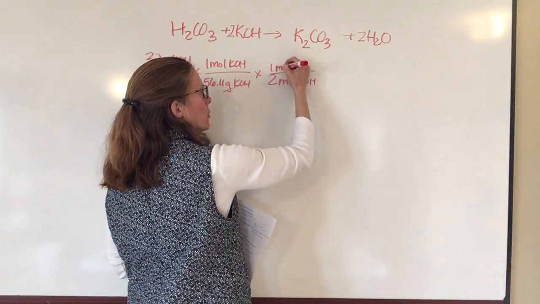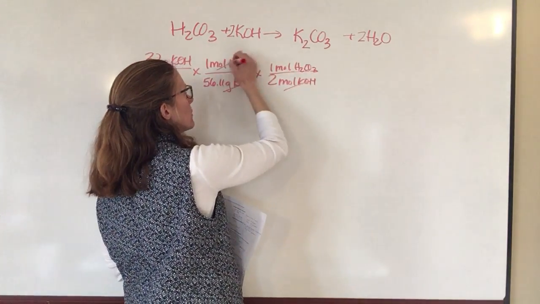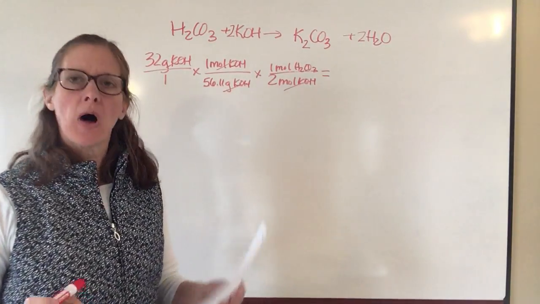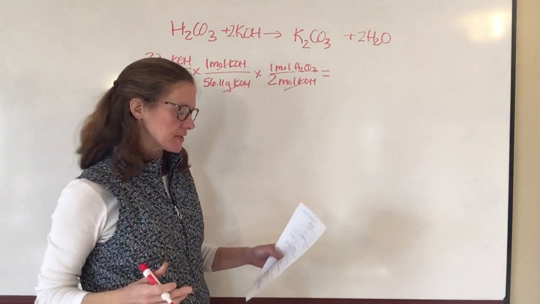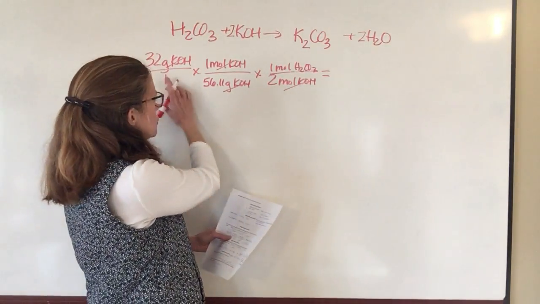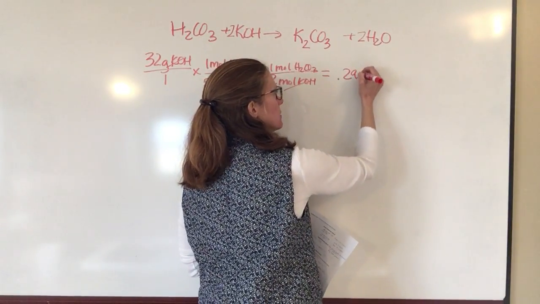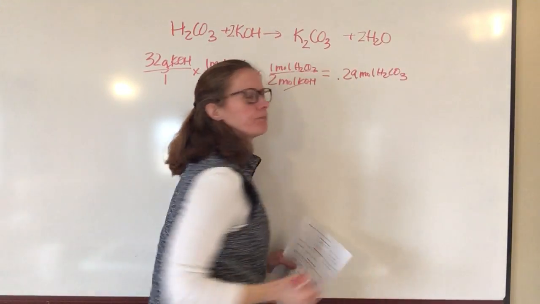So I have 1 mole of H2CO3. So moles of KOH now cancels out. I'm looking for volume, so I don't want to take this down any further. I don't want to convert that to grams. That's not going to help me. So when I do this math, I end up with 0.29 moles of H2CO3.